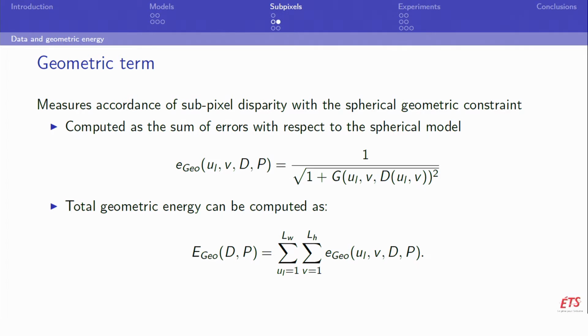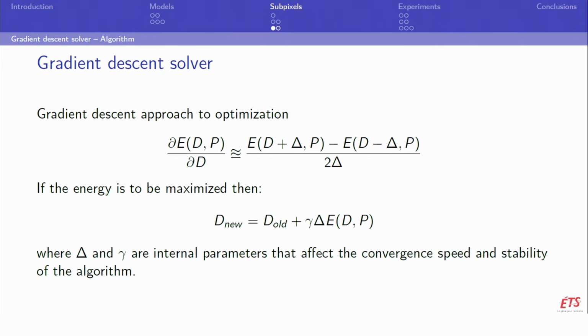So basically, we are trying to match windows between the two images for the data, and trying to match the disparity to the quadratic surface that was detected previously using the Y features. So at the end, this energy is optimized using a gradient descent approach. We are getting to our optimal disparity by looking at the disparity that is maximizing that energy.